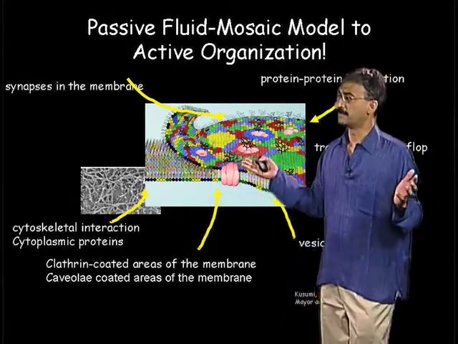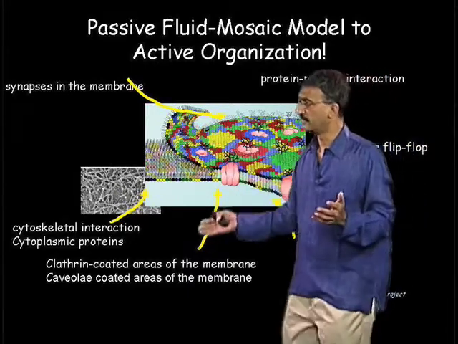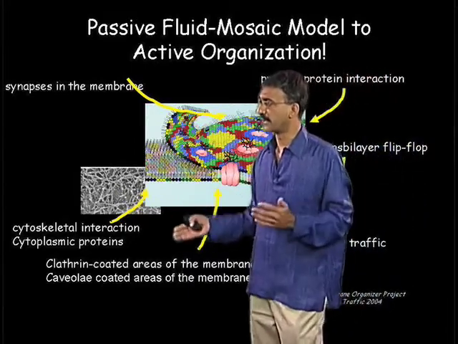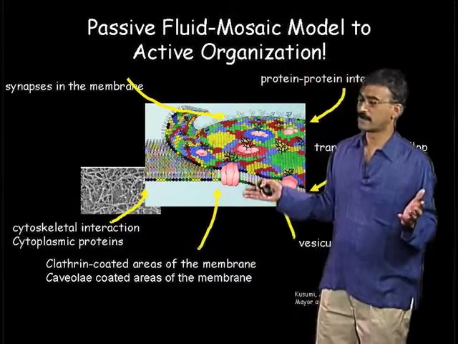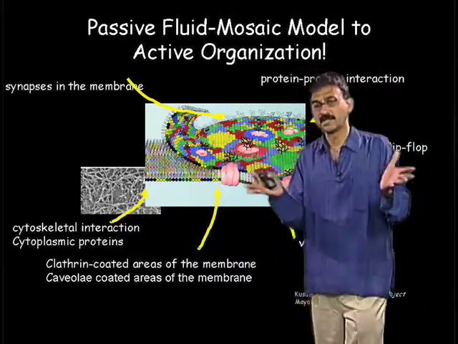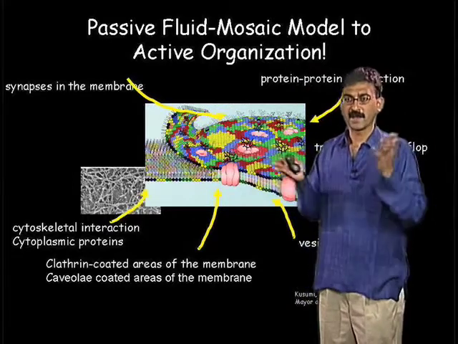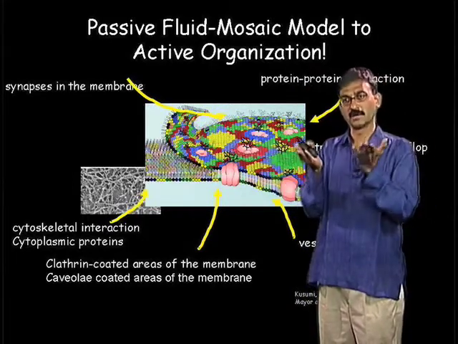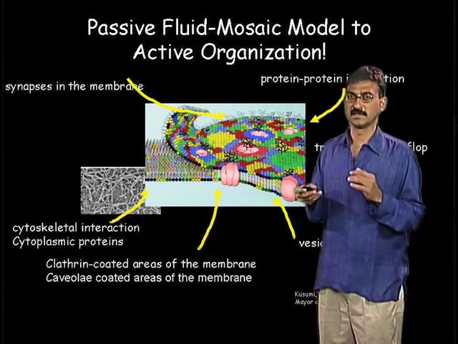And finally, the well-characterized clathrin and caveolin coated regions of the membrane, I think, represent one example of how proteins, in fact, and their dynamics can influence the local structure and composition in cell membranes.